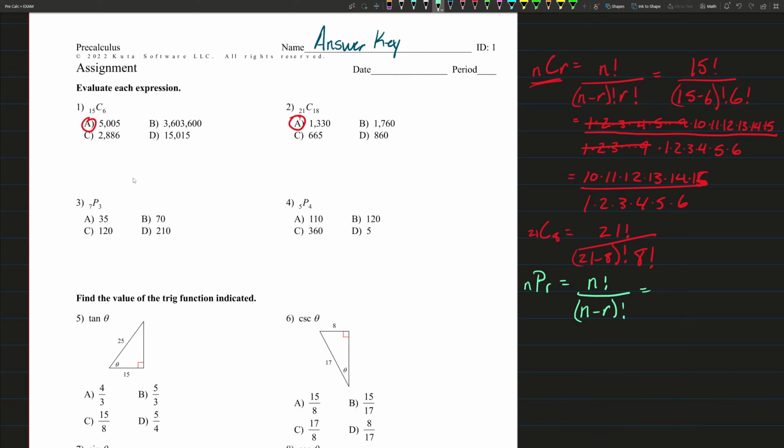So for number 3, this is going to be 7 factorial over 7 minus 3 factorial, which is 7 factorial over 4 factorial. These cancel out the ones up top, so then we're left with 5 times 6 times 7, which is 210.